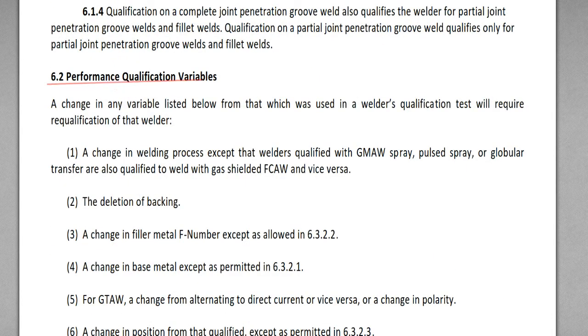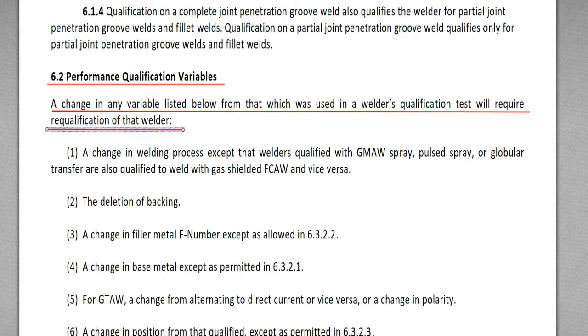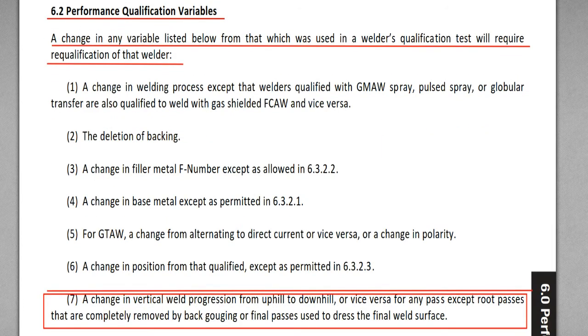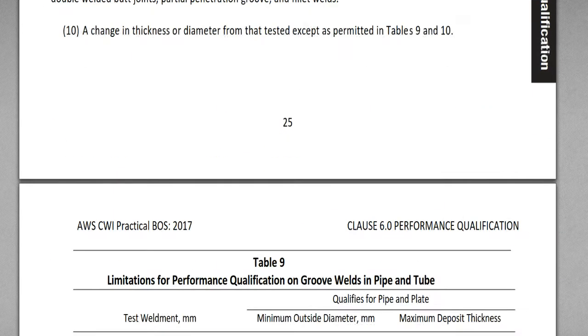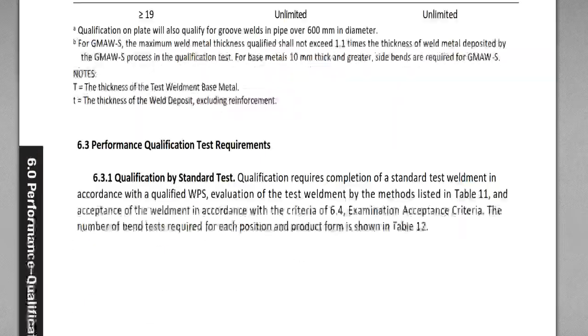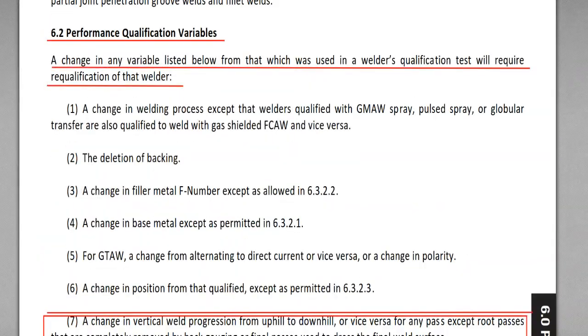6.2 Performance qualification variables. Changing any variable listed below from that which was used in the welder's qualification test will require requalification of the welder. So any of these changes, 1 through 10, requires requalification of that welder.